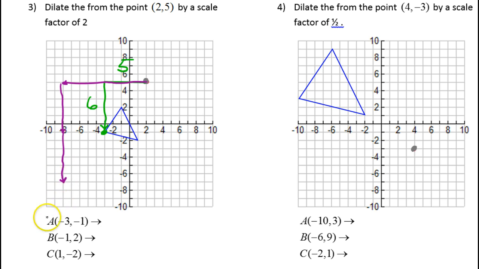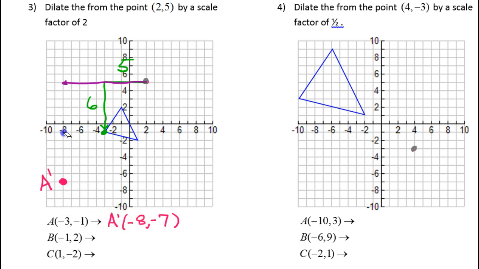So that should take me to right here. Okay, so this should be the new location of point A, so we will call it A prime. And A prime has the coordinates of negative 8 comma negative 7. Wait, I forgot to say A prime. Okay, so that's A prime.